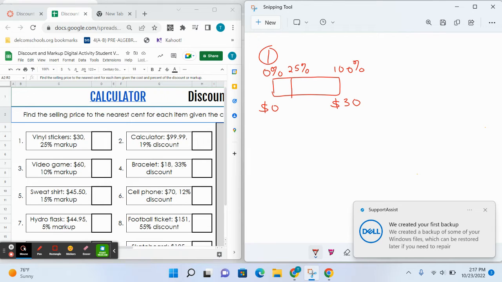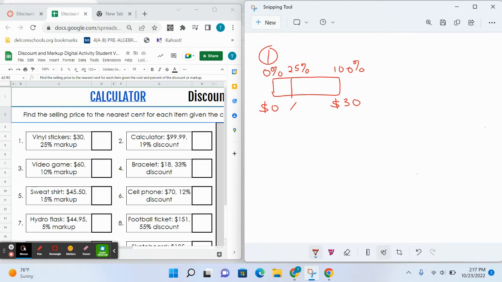When you did the rectangle the first time, we just guessed how much money 25% of 30 was. But you don't necessarily have to do that. That's just an extra good thing to be able to do.